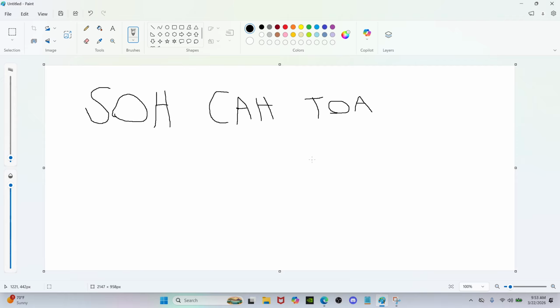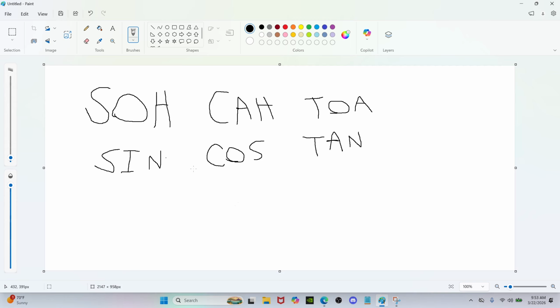So take a look at your calculator and you'll see some buttons. You'll see that we have sine, cosine or cos, and then we have tan. So these buttons on the calculator are basically different terms of division. So there are some sides you may have to find, the hypotenuse, the opposite or adjacent.